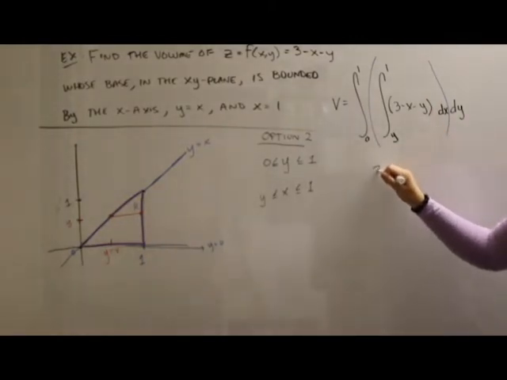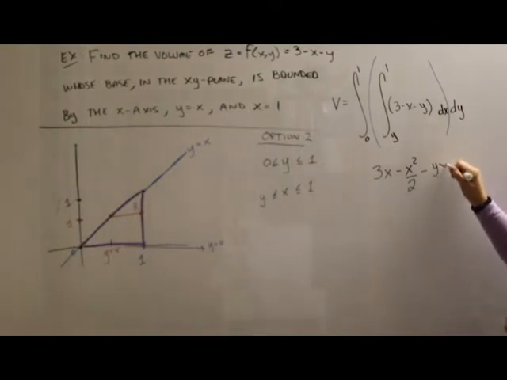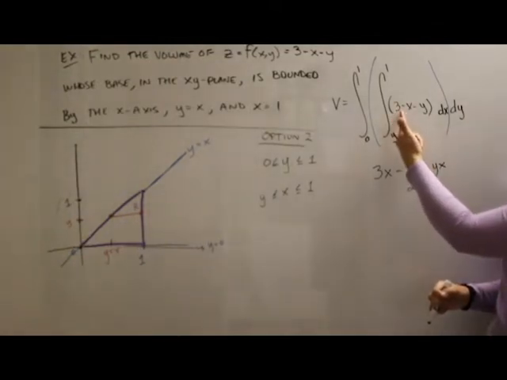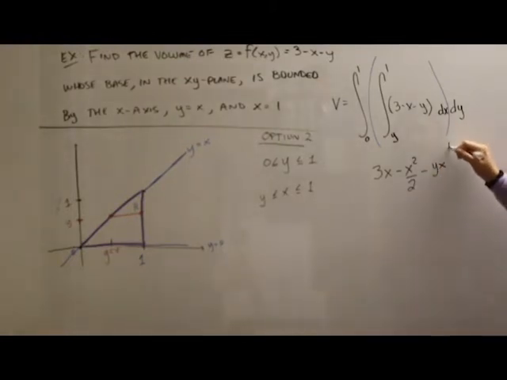So we have 3x minus x squared over 2 minus y times x, because everything here is a constant except for x, because we're integrating with respect to x. And we're going to evaluate x from y to 1.